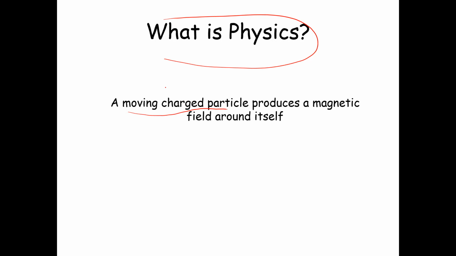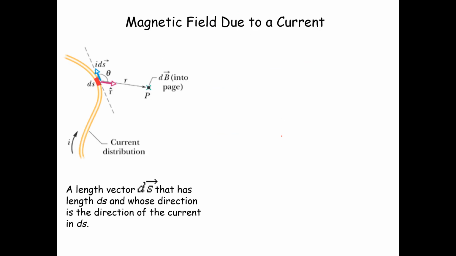We know there are two kinds of charged particles: the first is electrons, and the second is holes. We talked about these two kinds in the beginning of this class. If a moving charged particle, electron or hole, moves from one place to another, it will produce a magnetic field around itself. So it generates a magnetic field around the currents.